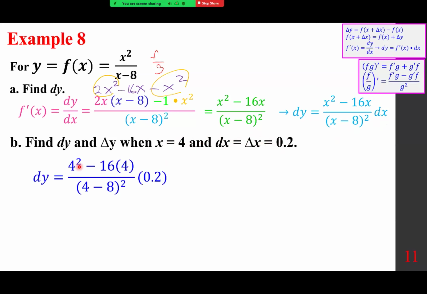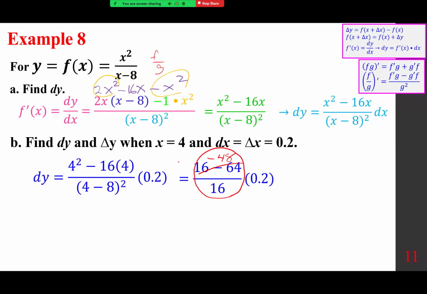This is 16 minus 64, and this is 4 minus 8, negative 4 squared, which is 16. So 16 minus 64 is negative 48. Divided by 16, you get negative 3 times 0.2 is negative 0.6, and we are done.